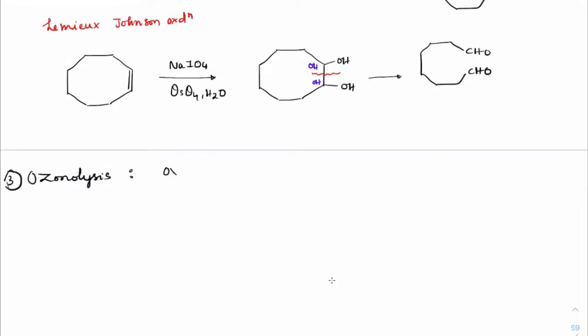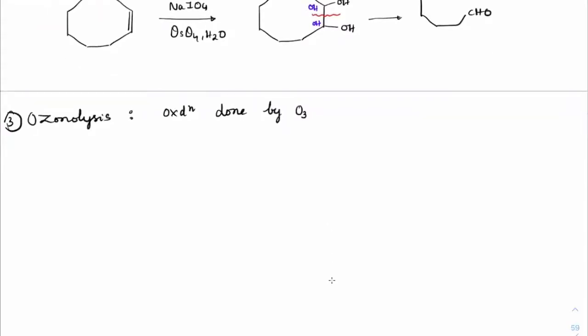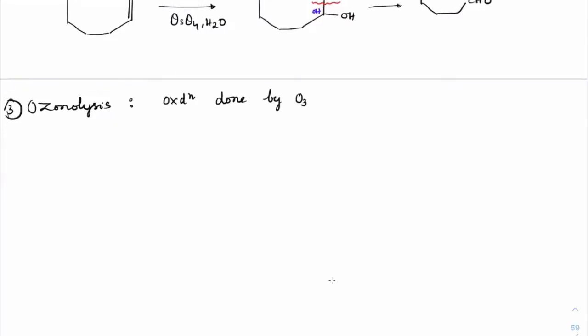What is ozonolysis? It is the oxidation done by O3. O3 is also a powerful oxidizing agent. Got it? Now, whether we have to go for a controlled oxidation or a complete oxidation depends upon what reagents we are taking.